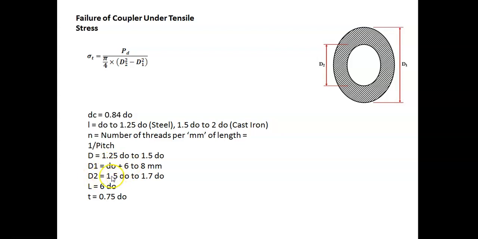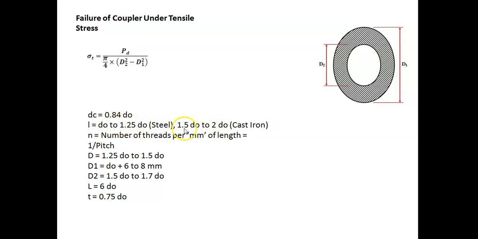Then D2 will be 1.5 to 1.7 times the nominal diameter. Here a range is given, so take the mean value, that is 1.6 times the nominal diameter. Likewise, small l is 1.1 to 1.25, which means take the mean value, that is 1.15, or 1.125, or take any value in between these.